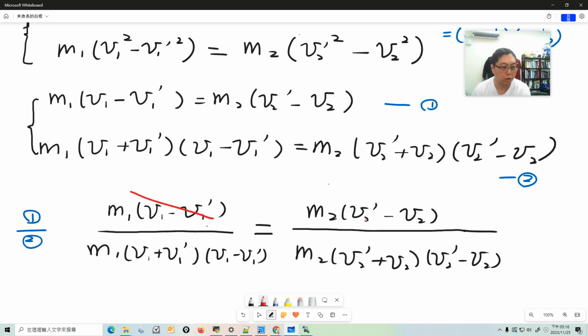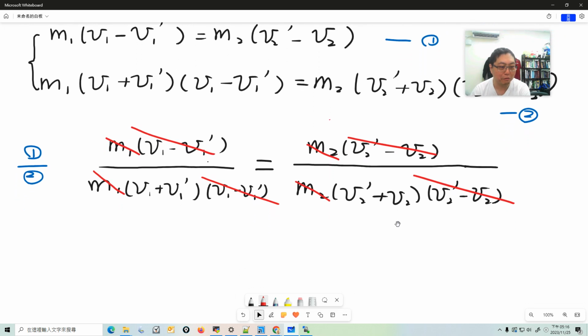These terms cancel out. Is this correct? So 1 divided by 2 reaches this conclusion: v1 plus v1 prime equals v2 prime plus v2.